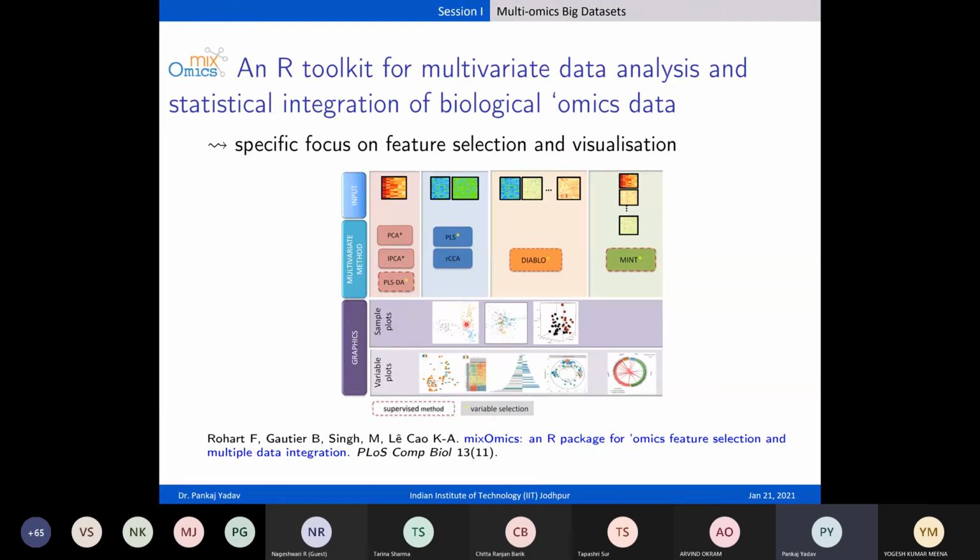For example, you can have sample plots, networks, clustering PCA plots, a three-dimensional overview of your data, variable plots, or a circular circus plot, which also provide very interesting information. So these are all kinds of things that you can do with this mixOmics R package that is for omics.